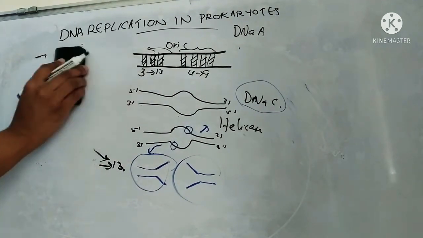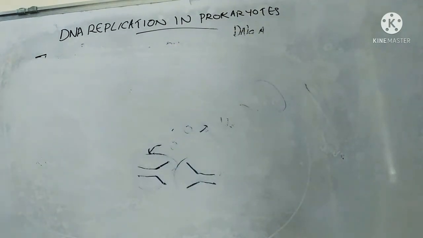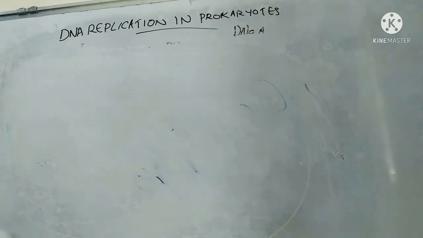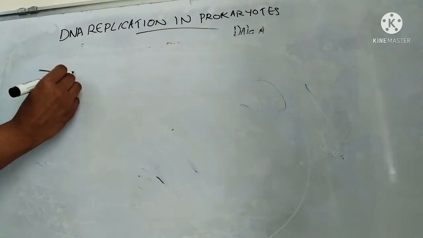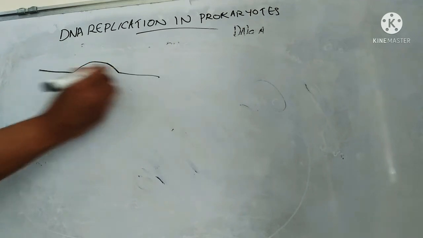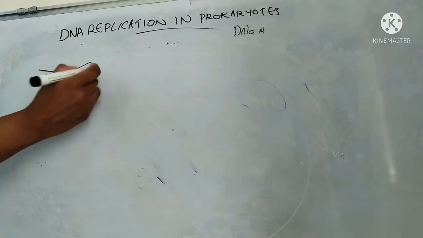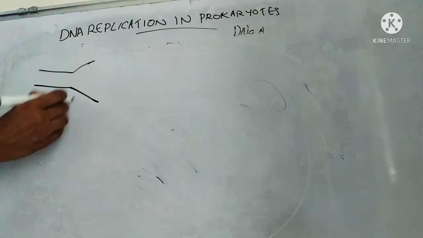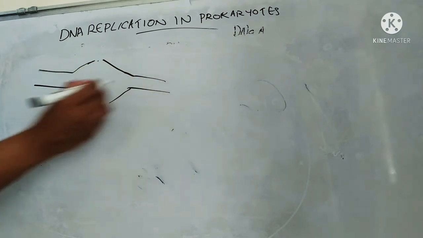After the formation of this replication fork, we can draw like this.